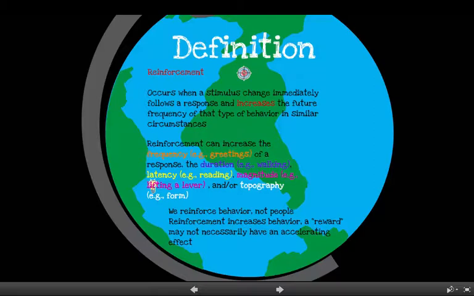And then finally, we can also impact topography of responding. Topography simply means the form of responding. So there's a lot of behavior analysts, for example, that are interested in athletic performance. They're interested in football and competitive swimming, competitive dance as well. So topography plays a large role, especially if you're a dancer.